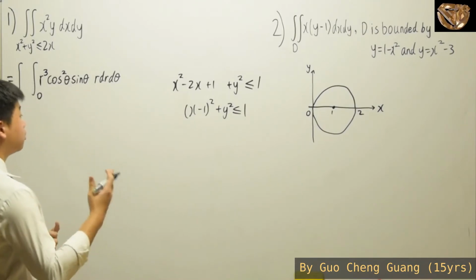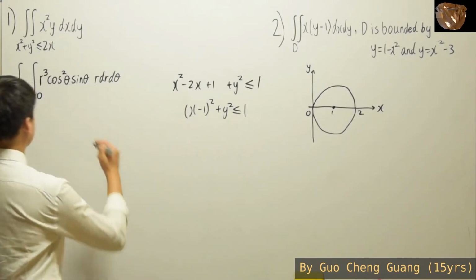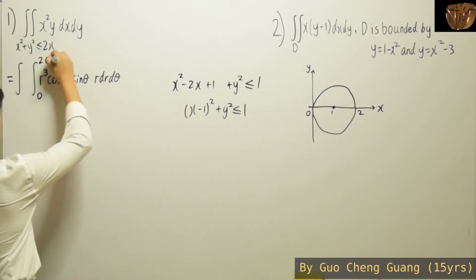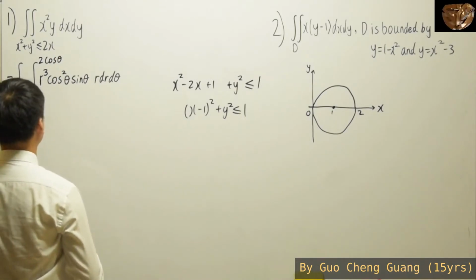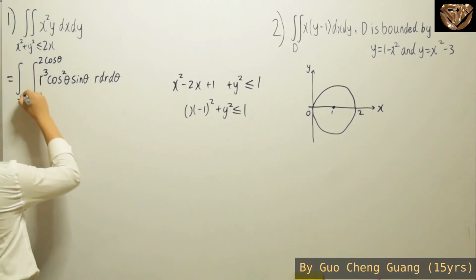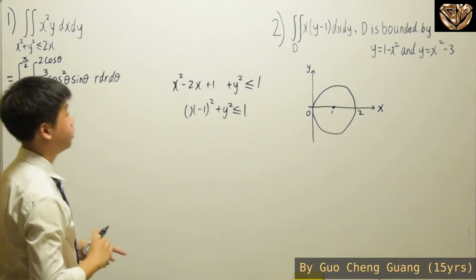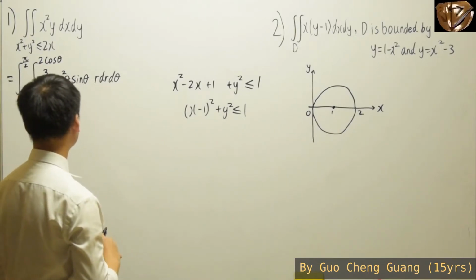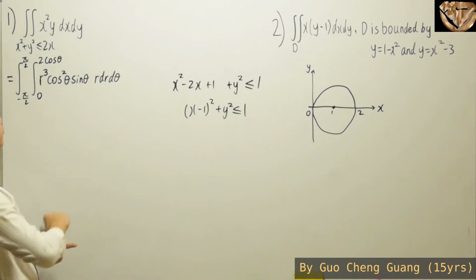So once you have that right angle, you should be able to use your trigonometry to find them. And since your diameter is 2, so that will be 2 cosine theta. Next, what will you be seeing? Which is your theta. So theta is from negative half pi to half pi. Alright, so this is the integration that we will have to solve.